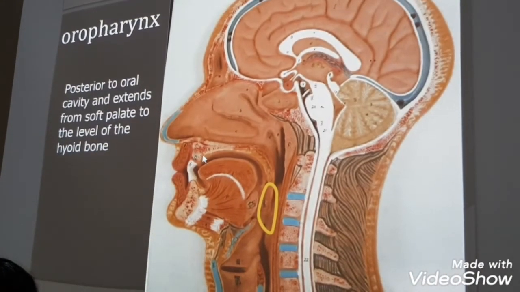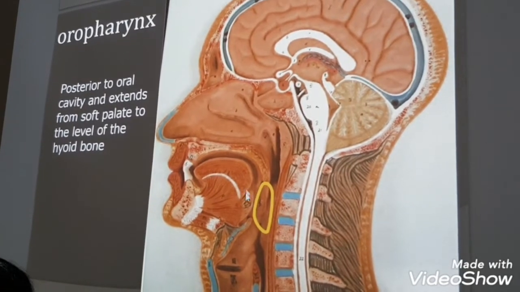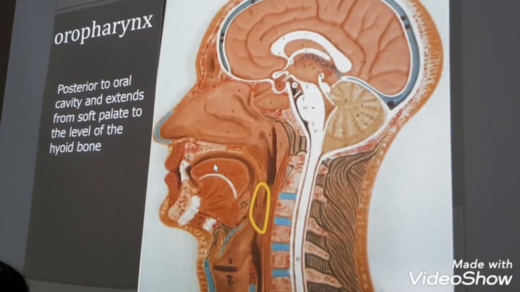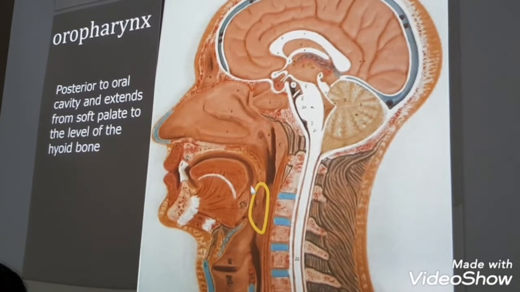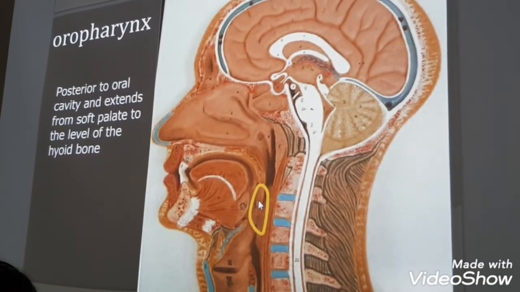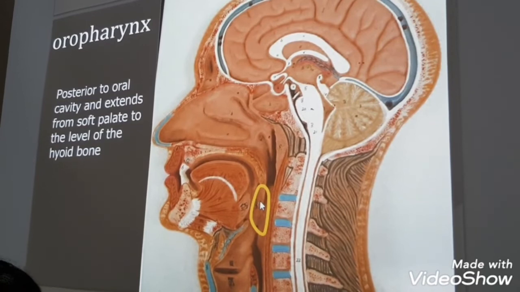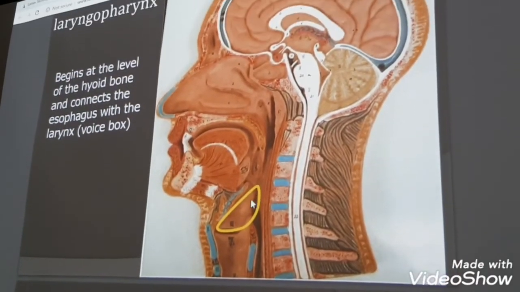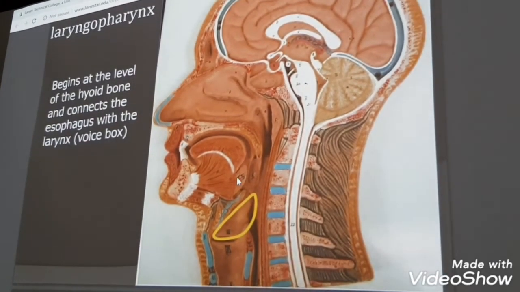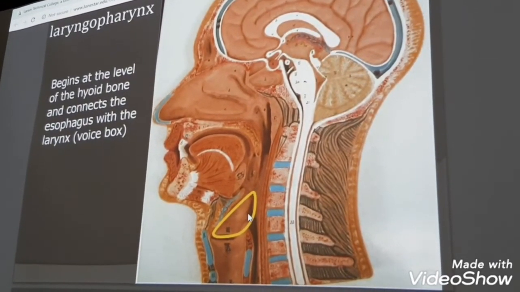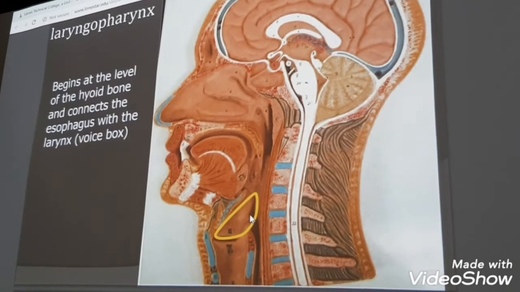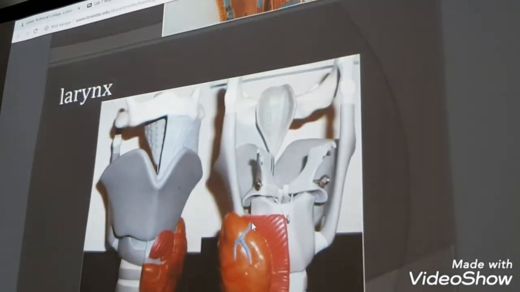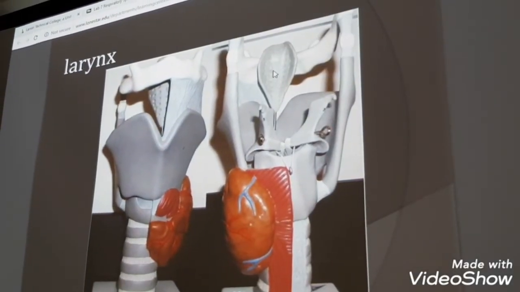If we're going straight back from the mouth, this guy right here is representing the tongue. If we're going back from the oral cavity to that area, we call it the oropharynx. And then below that, we call this the laryngopharynx.